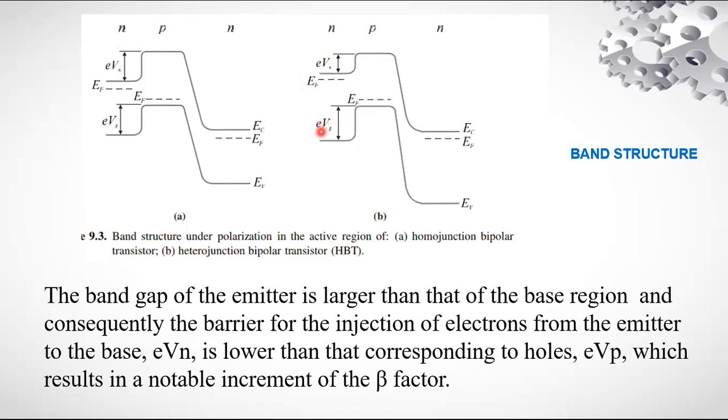EVN is lesser than EVP, which means if the barrier height decreases, electrons can easily get injected from emitter to base side. So there is a notable increment in the beta factor, which means we get high amplification for the heterojunction bipolar transistor.